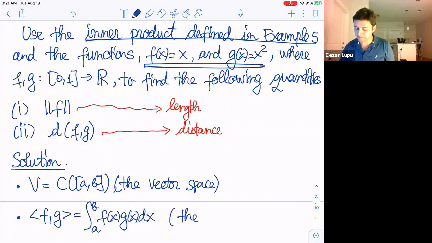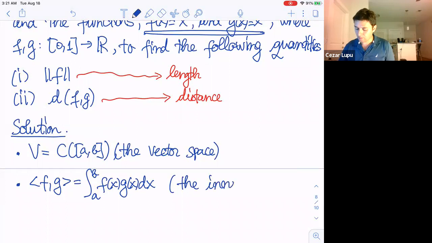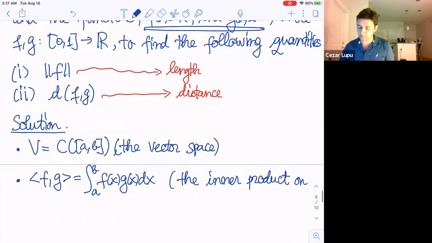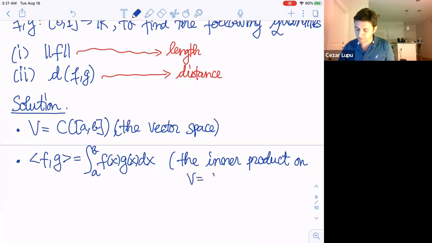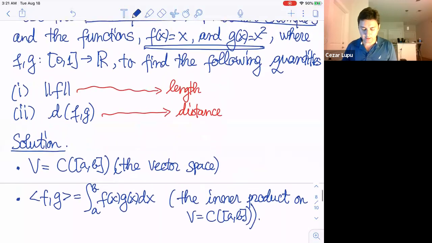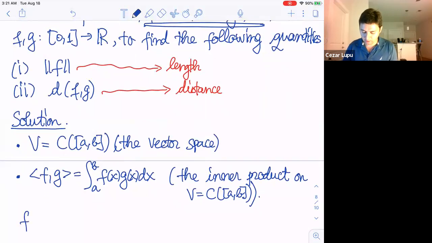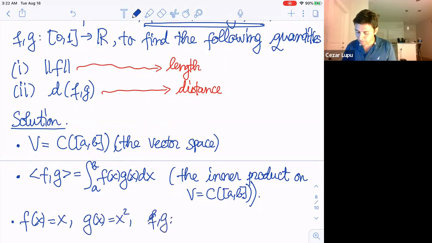This is the inner product on my vector space of all real valued continuous functions defined on the interval [a, b]. Okay, and now it's quite clear what we need to do. Keep in mind that f of x is x and g of x is x squared, and f and g are, oh my god, this is not [a, b], this is [0, 1] here, I'm sorry.